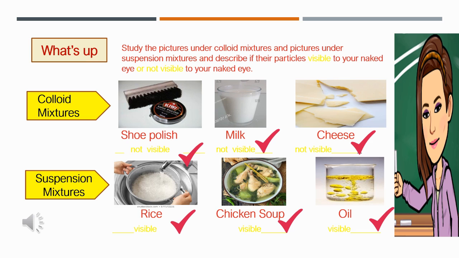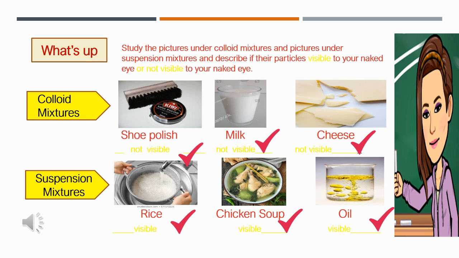Are chicken soup particles visible or not visible to your naked eye? Correct. Visible. Picture number 3, oil. Are oil particles visible or not visible to your naked eye? Correct. Visible.